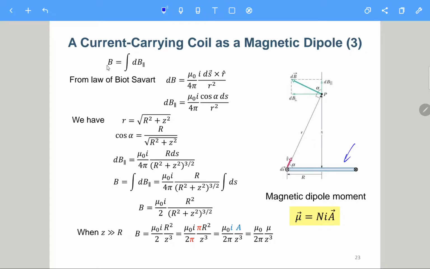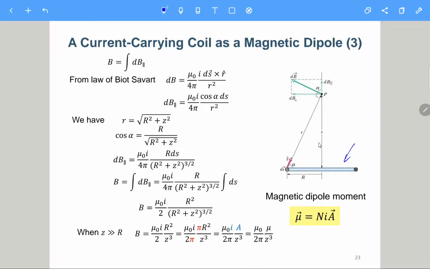So we apply the Biot-Savart law, dB, so you can get this expression, and we integrate it over the whole circle like this, so we get the overall B at this point.